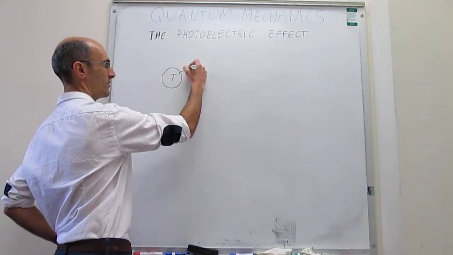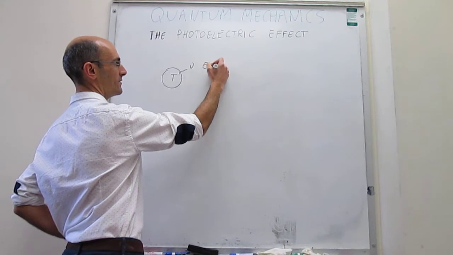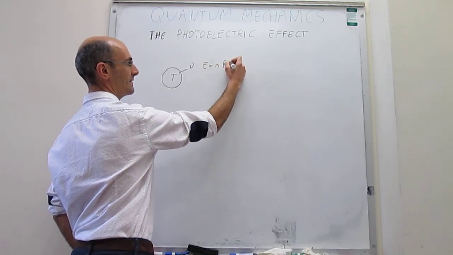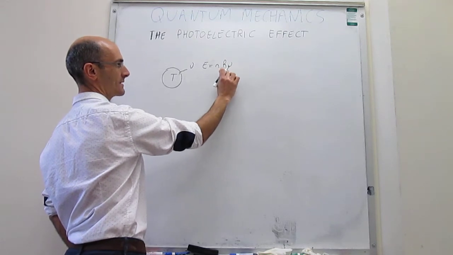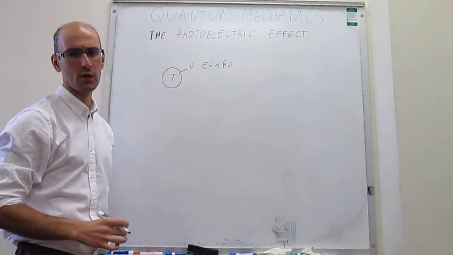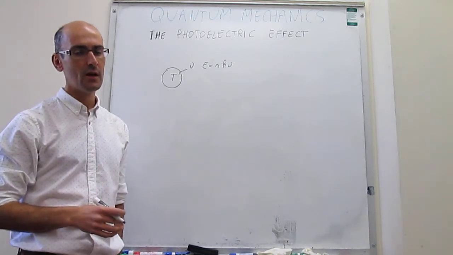So if you emit some energy at a particular frequency, the emission can only be in discrete amounts of these very well-defined energies. This is what we call quanta or discrete packets of energy.